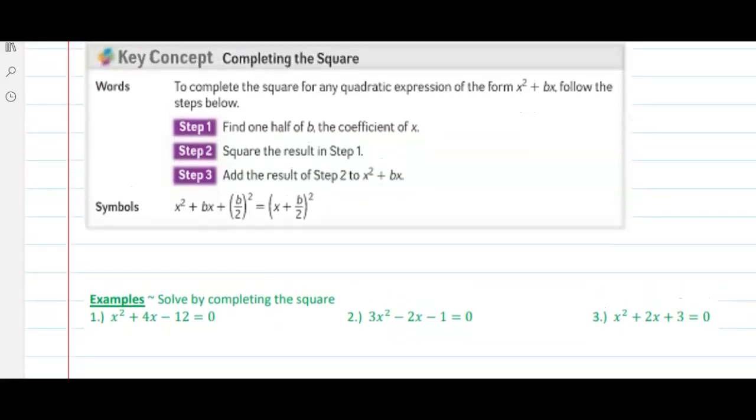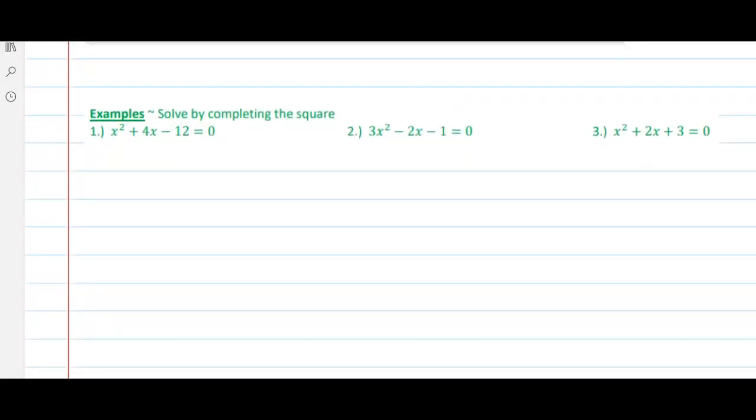This key concept does a nice job summarizing the steps, but it won't make a lot of sense until we try one as an example. For example, in our first term, x squared is a perfect square, but 12 is not a perfect square. So what I'm going to do is sort my terms.